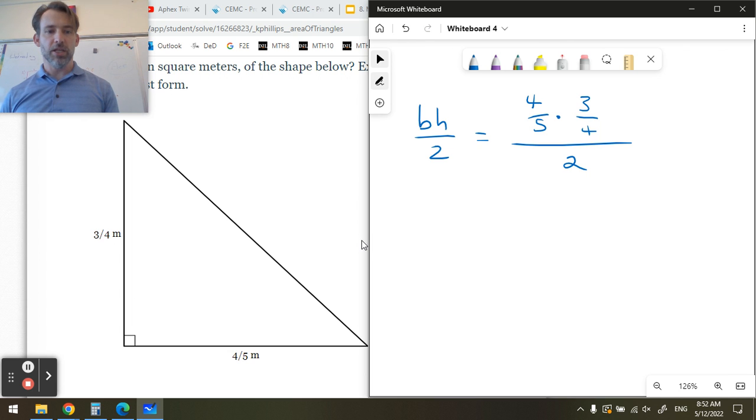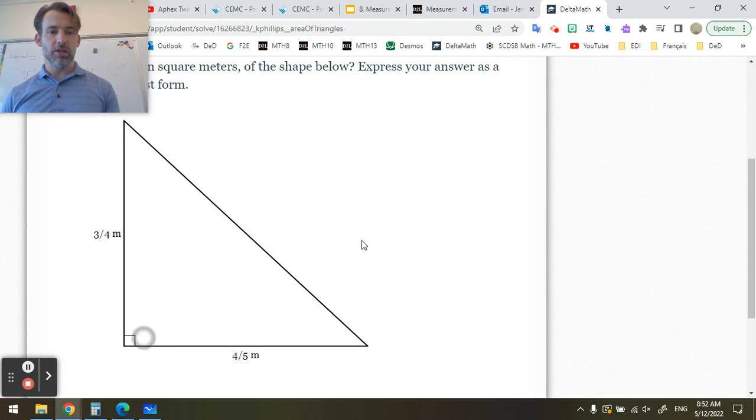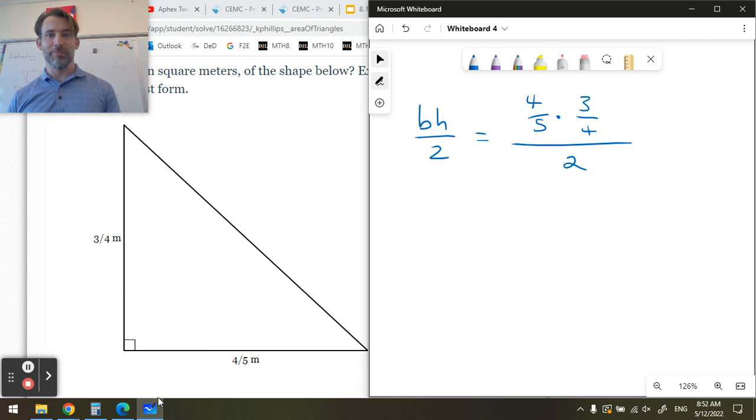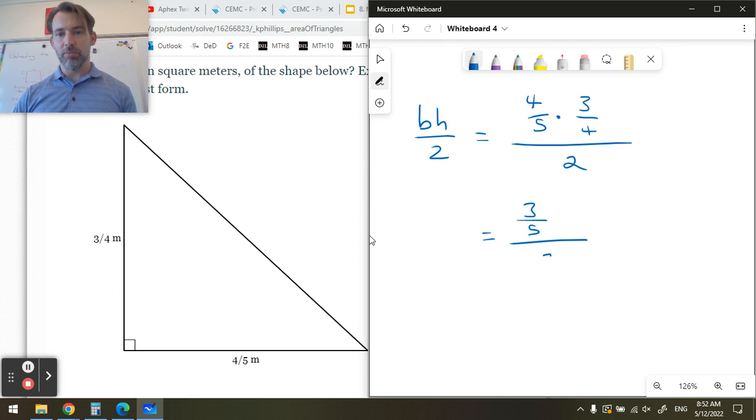I also make sure to note that there's a right angle joining these two sides. If I don't have a right angle between the sides, I can't use them for area. So 4/5 times 3/4 over 2. Now 4/5 times 3/4 happens to be 3/5, divided by 2. How is that 3/5? Because the 4 cancels the 4, and I'm only left with 3 over 5.